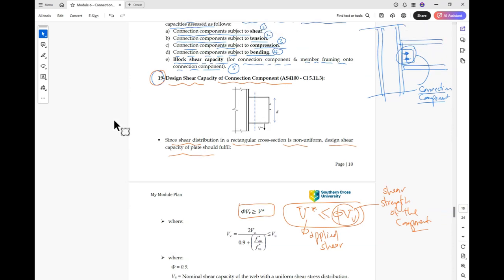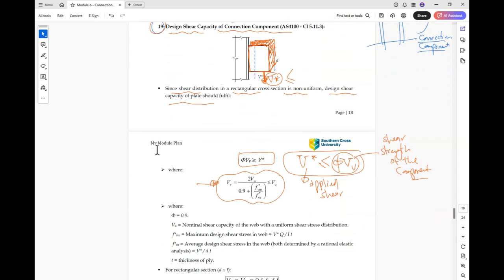So for example here, if we have this component, the applied shear is this force V star. Sorry, it should be less than the strength of this plate. The strength of this plate will come using this formula: phi V_v equal to phi V_u times (2 divided by 0.9 plus V star_vm over V star_va) less than V_u.